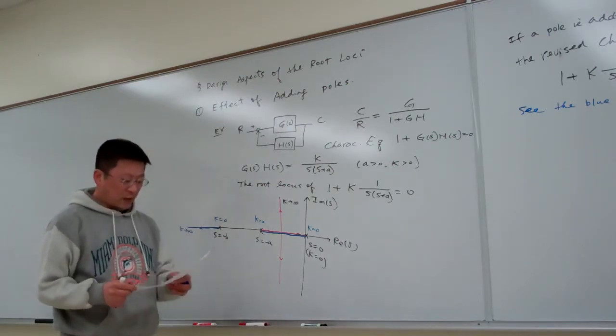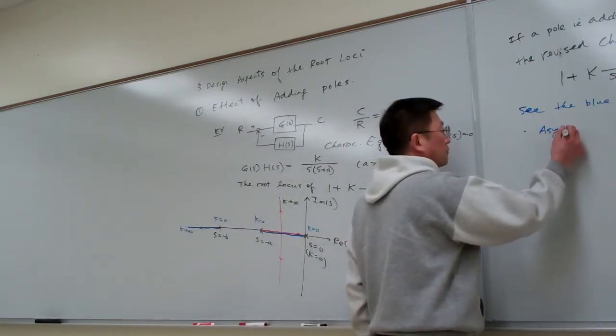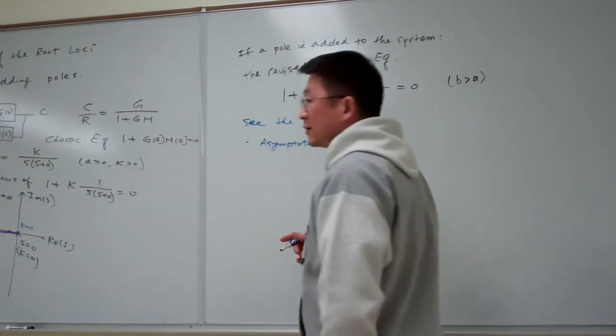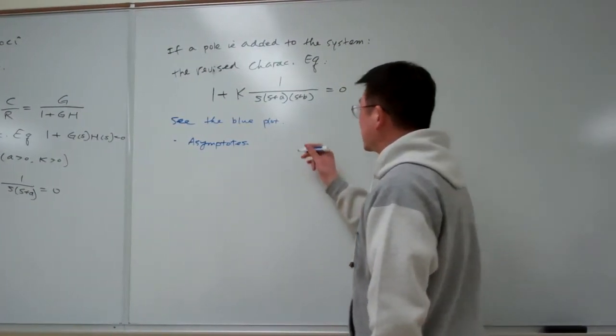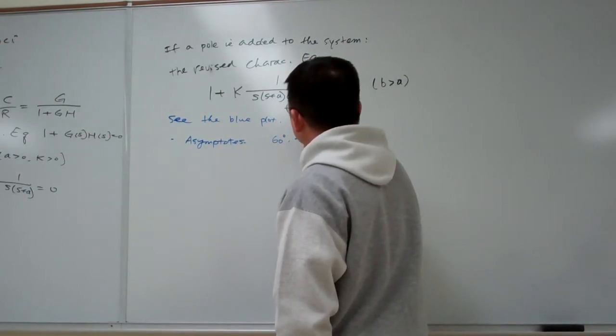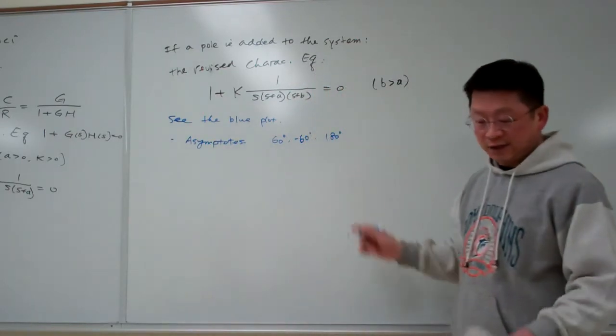From here you should be able to calculate, for example, the asymptotes and their orientations. Every asymptote has an orientation of 60 degrees, minus 60 degrees, and 180 degrees. Let me skip the details.